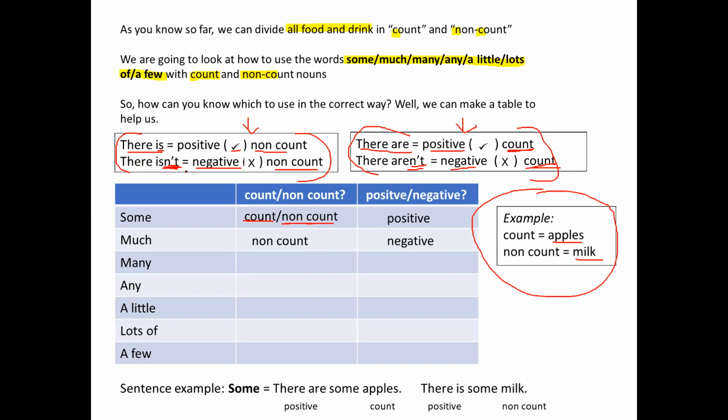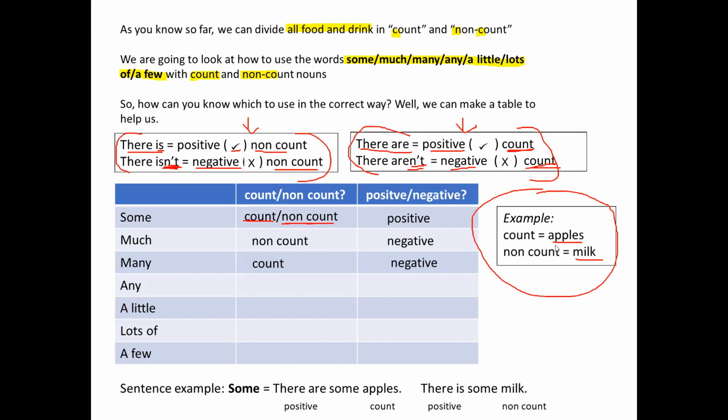Number 3, many. Many apples or many milk? Only count. Is it positive or negative? This one, usually negative. Sometimes in English, we use it in a positive sentence.